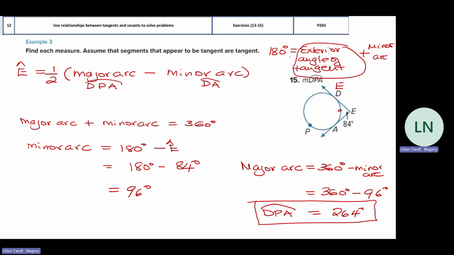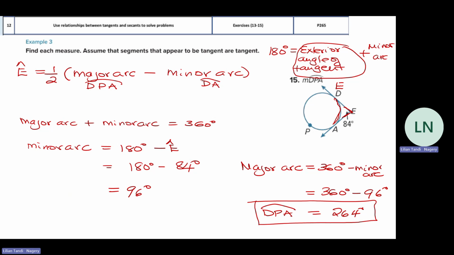If you add these two, you should get 180. This arc here, the smaller one, is made by this angle where the tangents are meeting. So this minor arc together with this angle here, if you add them, you should get 180.